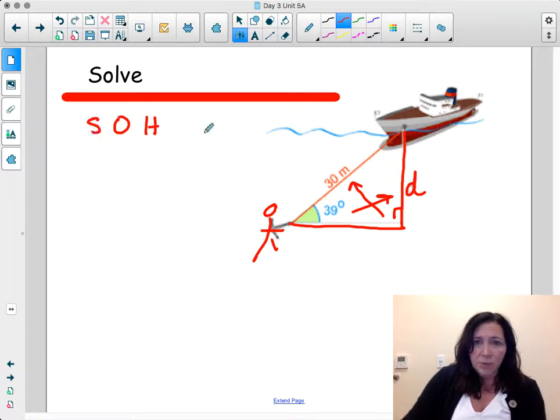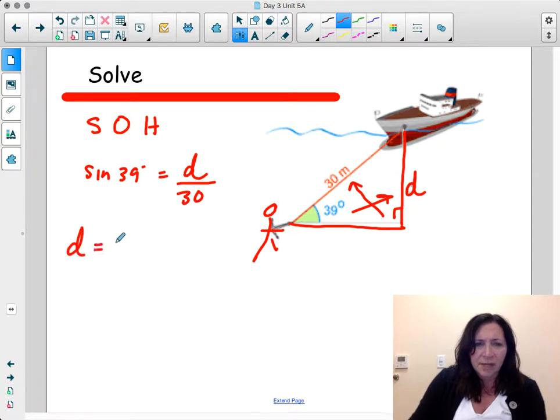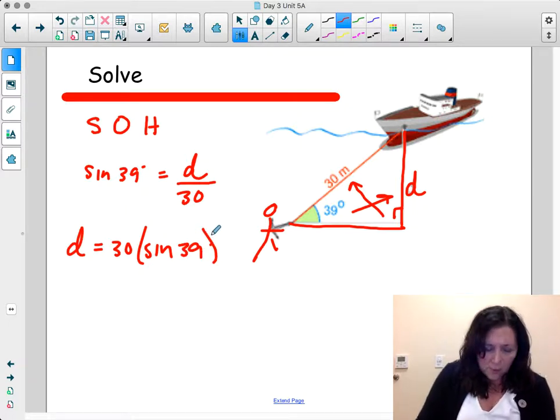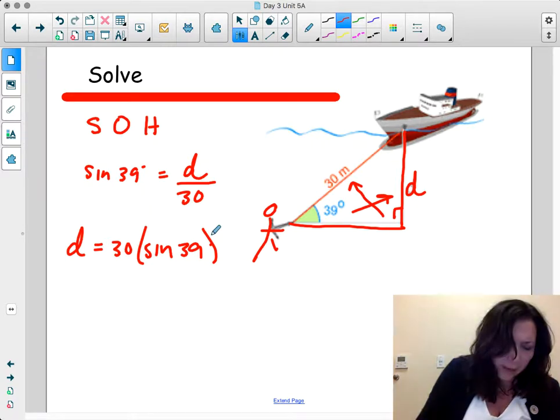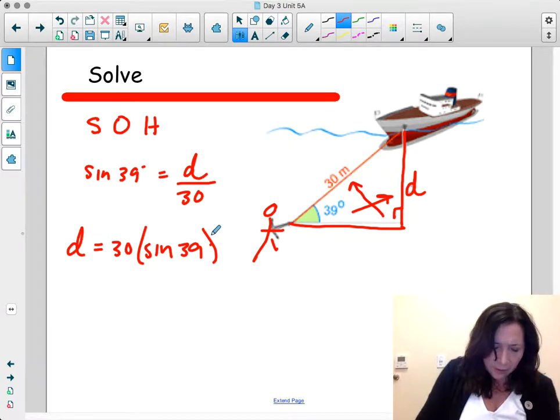So remember SOH CAH TOA. We're going to go sine of 39 degrees is equal to the opposite side, which is D, over the hypotenuse, which is 30. And so D is going to equal 30 times sine of 39 degrees. I don't know what that is, so let's go to trig functions, sine of 39 degrees.